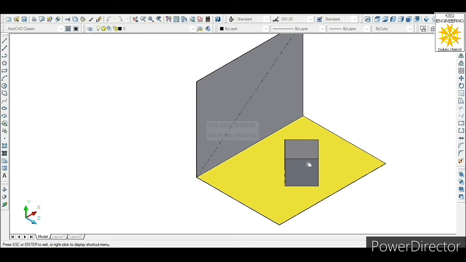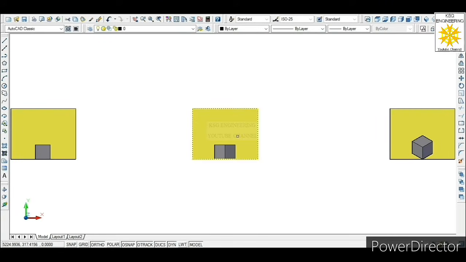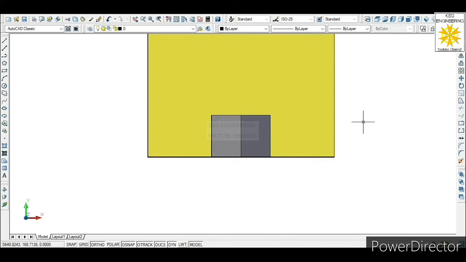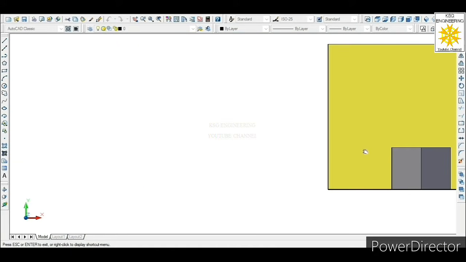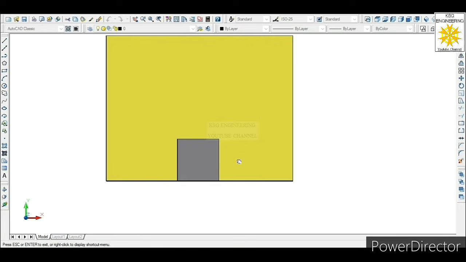So if we look at the cube in this particular position from front, then we will see two faces. You can see over here. Earlier, when the face of the cube was parallel to VP, we were able to see only one face, that was a square.